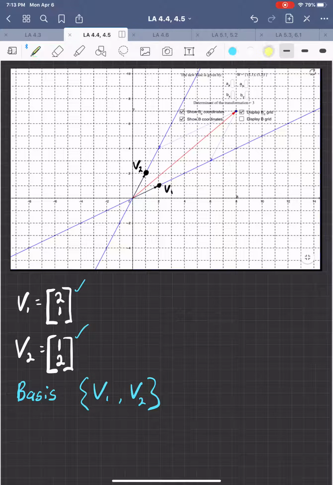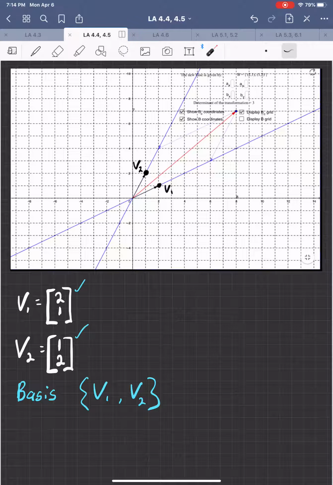In fact, I've even plotted them for you. So you can see V sub 1 has been plotted and V sub 2 has been plotted. Now I plotted them the normal way for right now. We went to the right 2, and then we went up 1 to get to V sub 1, and we went to the right 1 and up 2 to get to V sub 2.